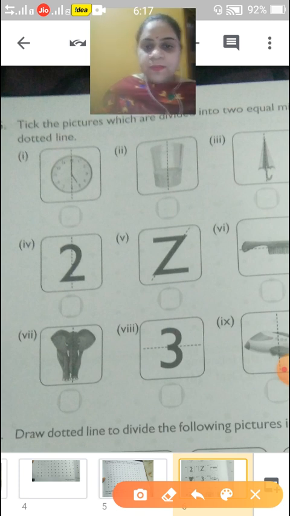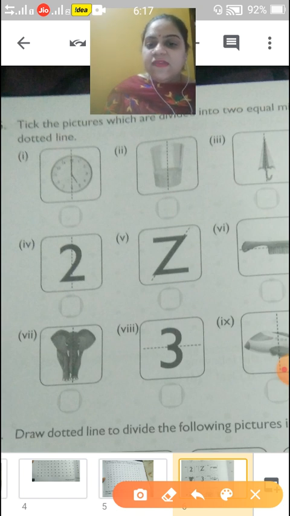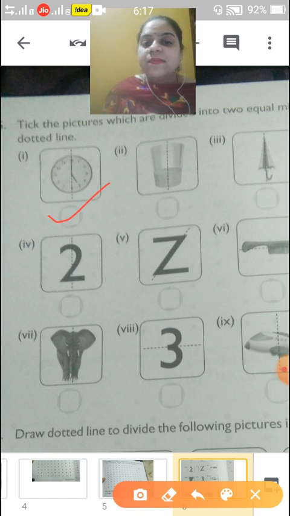Okay children? So, can you recognize? Yes, you can recognize. Clock, yes, it is a mirror half. Glass, it is a mirror half. Yes. Umbrella is a mirror half.